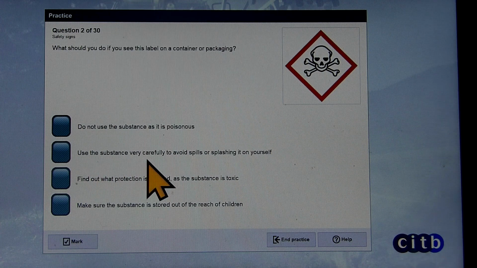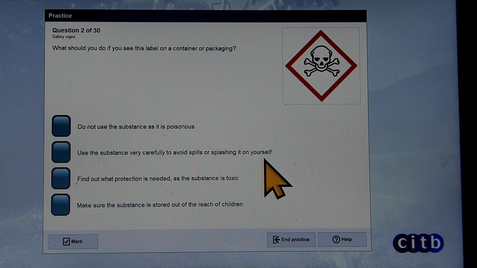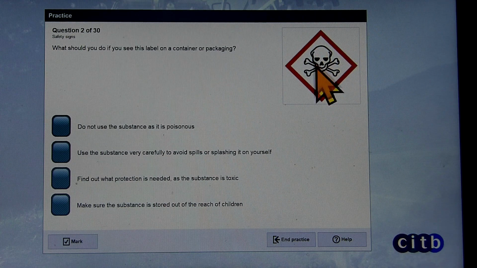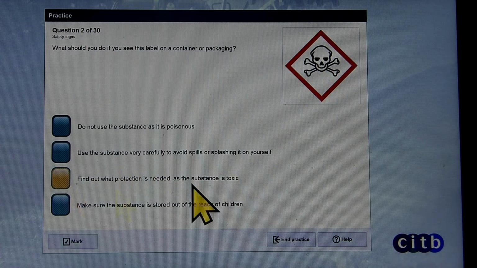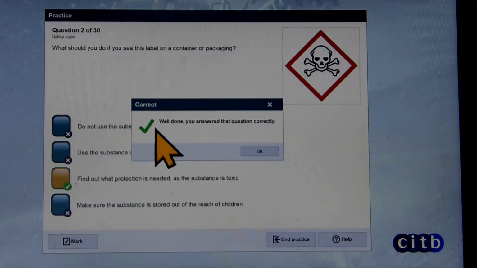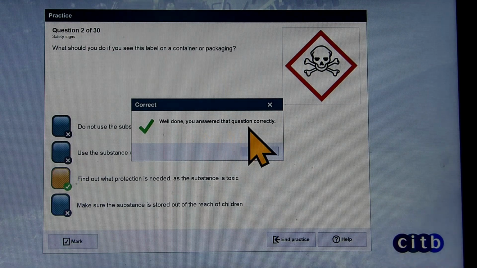Use the substance very carefully to avoid spills or splashing it on yourself. No. Find out what protection is needed as the substance is toxic. Yeah, this shows us toxic. Make sure the substance is stored out of the reach of children. It doesn't mean that. So the answer is the third choice. Very good, well done. You answered that question correctly.